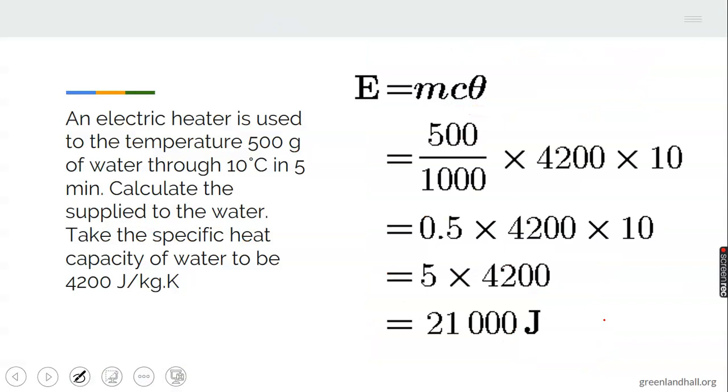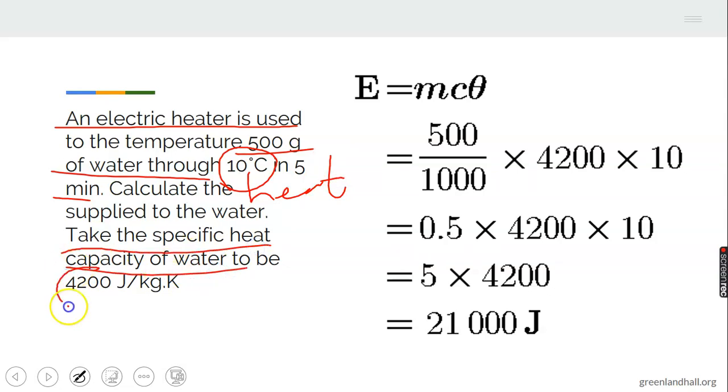Example 2. An electric heater is used to raise the temperature of 500 grams of water through 10 degrees Celsius in 5 minutes. Calculate the heat supplied to the water. Take the specific heat capacity of water to be 4,200 joules.